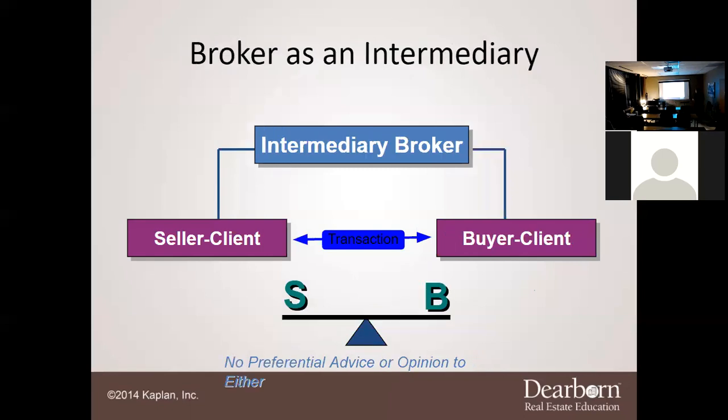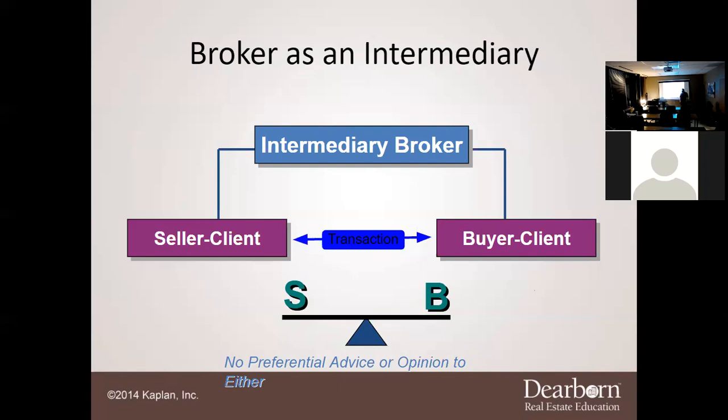Now, if I'm an intermediary, now what's happened here? The lines turned what? Solid. They're both solid. So I'm the broker in the middle, solid line here, solid line here. Now here's the question. If I'm going to stay in this situation, do you see any appointments? No, who's the only person involved in this? Just me. So I can be an intermediary broker, but Ms. Davenport, I want to ask you this question.